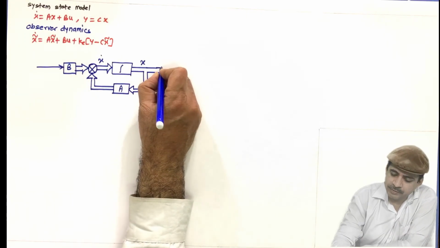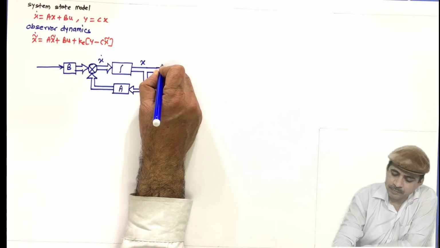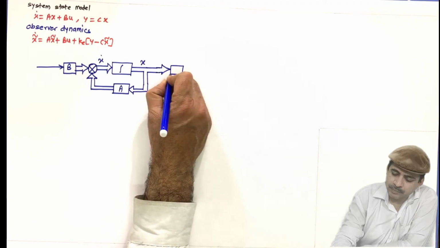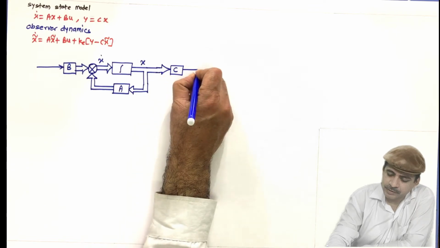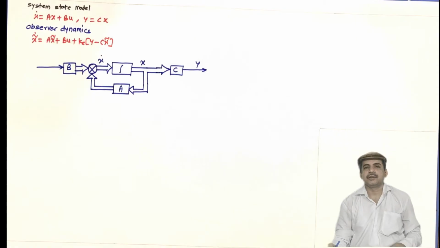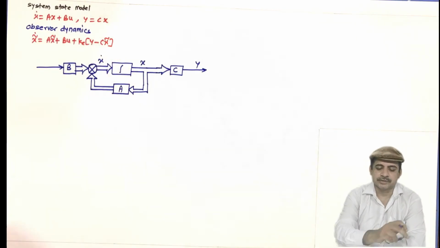So this will be cx and single output, so this will be y. Now let us try to represent this.